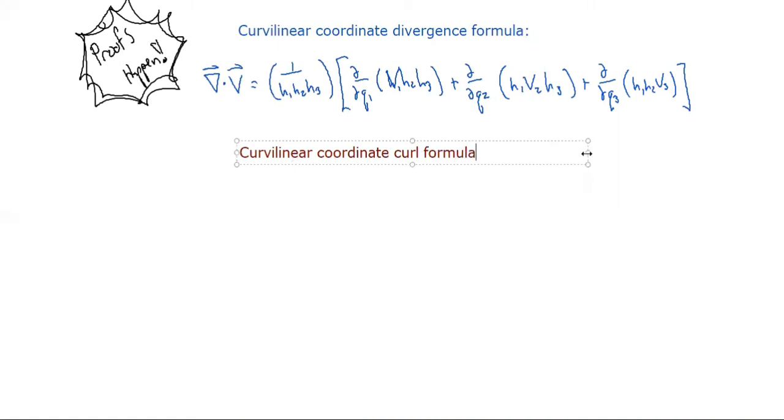And our curvilinear curl formula looks really wild.